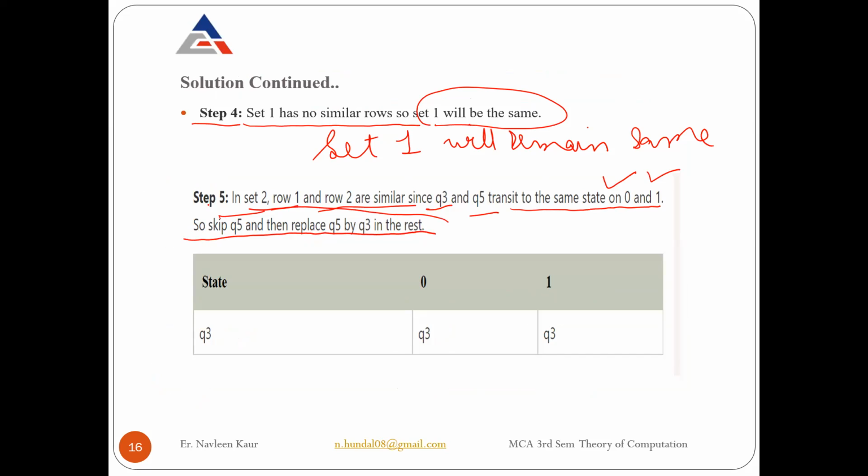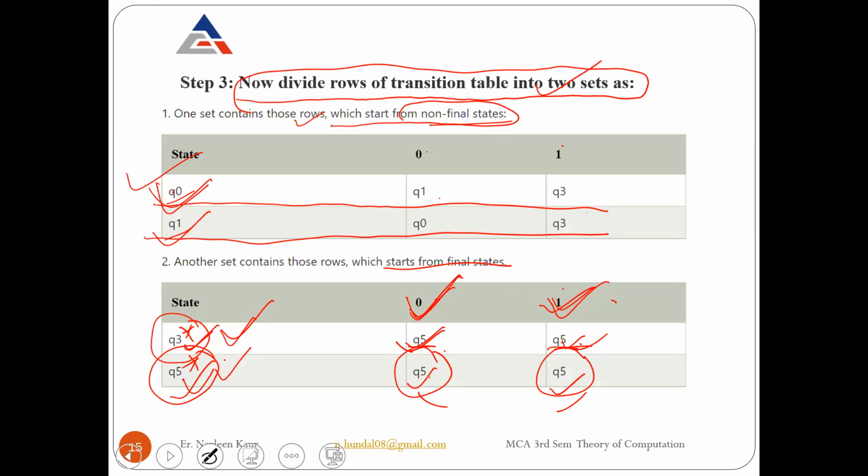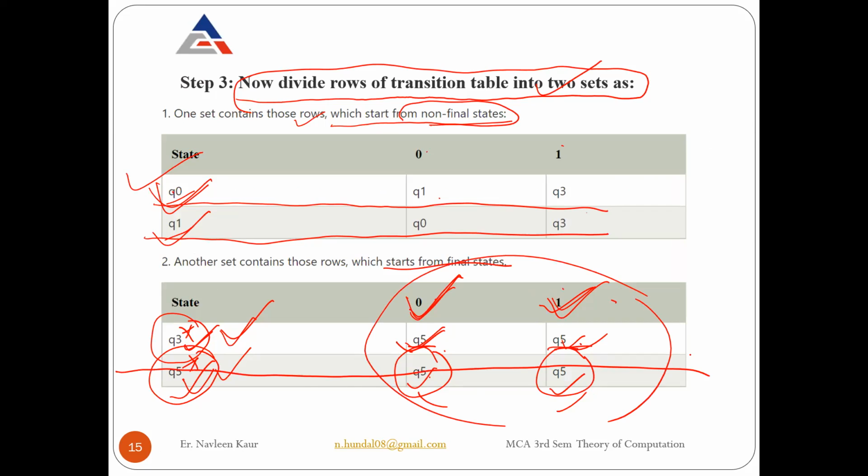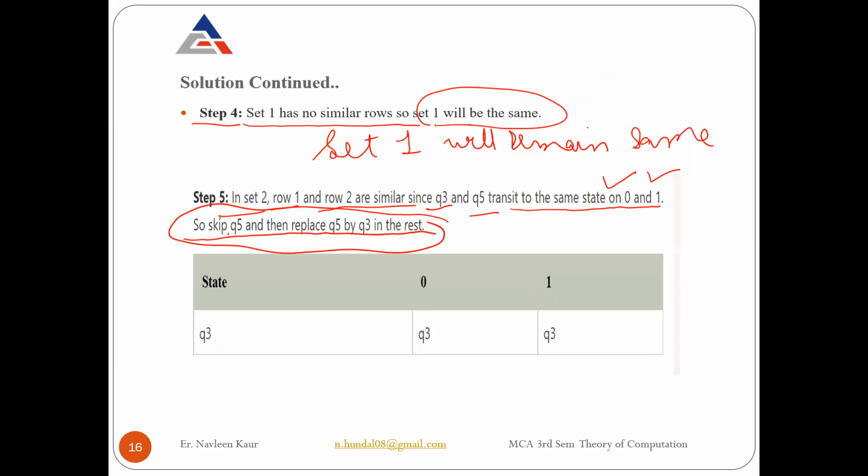Now this is very important. As both look the same, because this thing is the same, I will just skip one. So I will skip the second one. Just delete Q5. It says skip Q5, which means just remove it from the second set. And replace Q5 by Q3 in the rest.